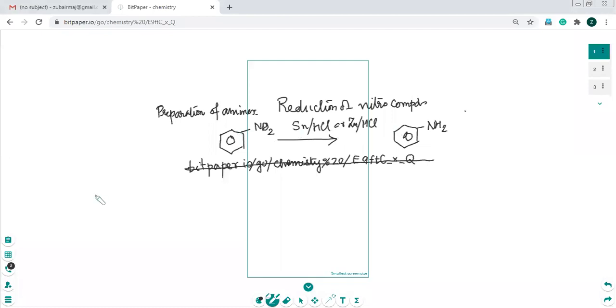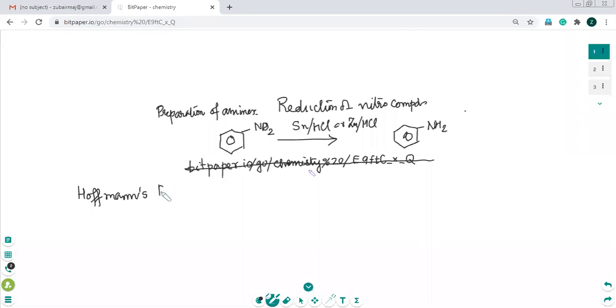The second method is Hoffman's bromamide reaction. Hoffman bromamide reaction.